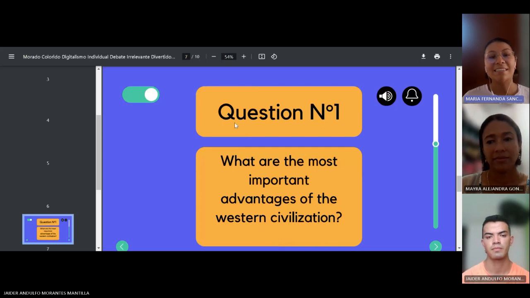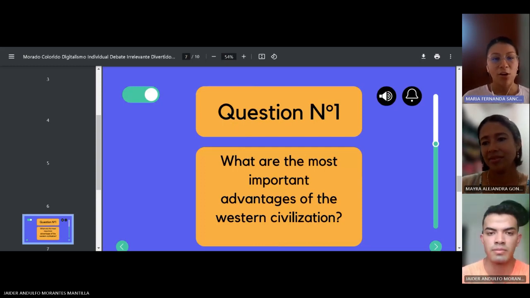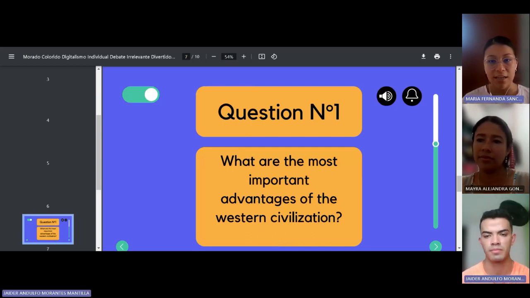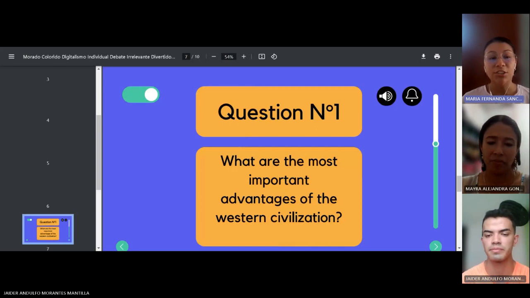The second one is the technological innovation. The Industrial Revolution, which originated in the West, transformed economics and societies globally. Innovations like the steam engine, electricity, and the internet have driven progress and improvement of living standards.